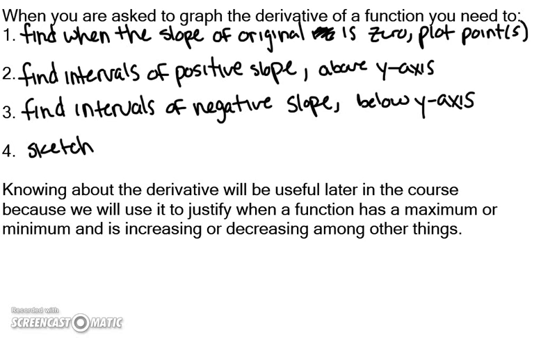The reason we want to do this is because the derivative is going to be useful later, telling us when things are increasing, decreasing, finding maximums and minimums, all kinds of different things. And we're going to need to know about how the derivative works if we're going to figure these things out. So let's jump in and look at an example of what we're actually supposed to be doing here.